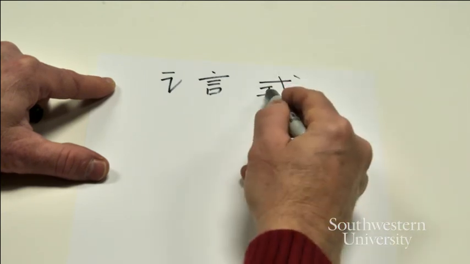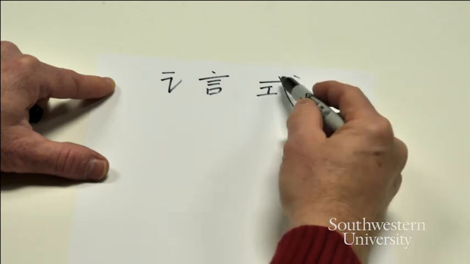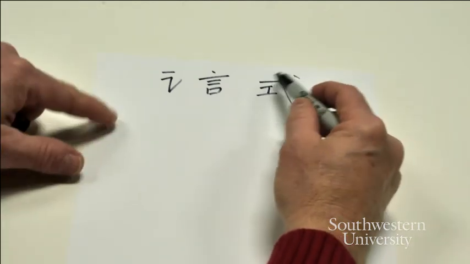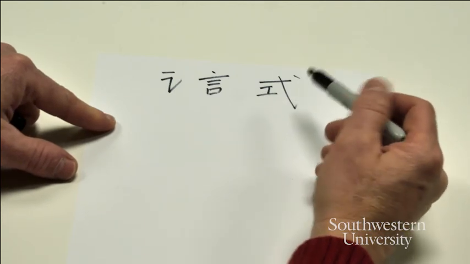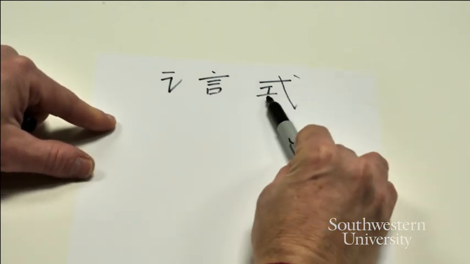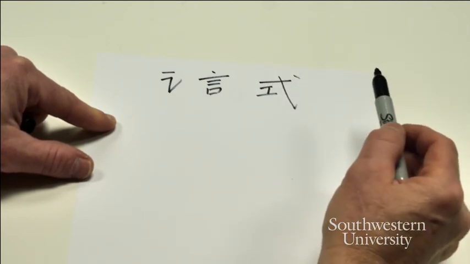So you've got gong, and this thing on the right looks a little bit like ge, spear, but it actually is yi, a stringed arrow, an arrow with a string on it so you can retrieve it. So you put work into that thing, and that's considered a type or a pattern.